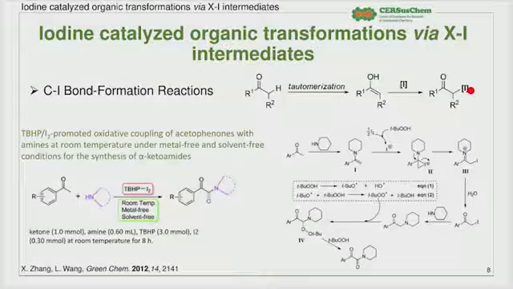I took some recent literature on that aspect, which highlights the importance of this kind of approach.